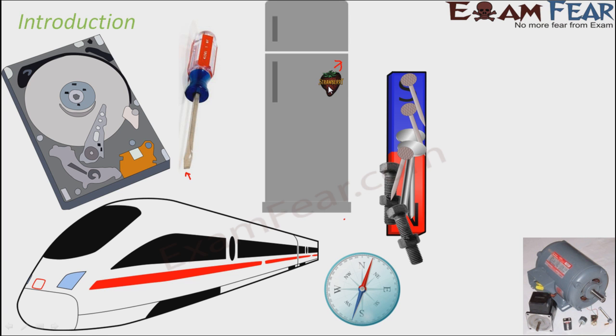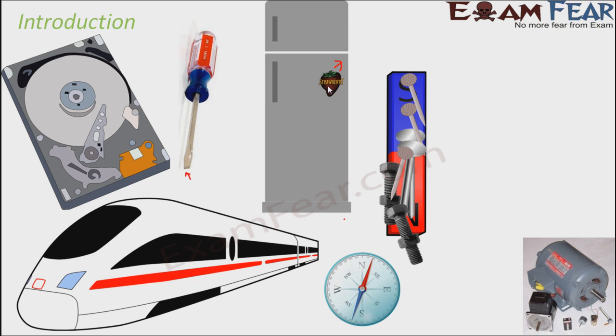What is special behind these objects? In each of these examples, there is some object which attracts certain objects. This object which has the property of attracting certain materials is a magnet.